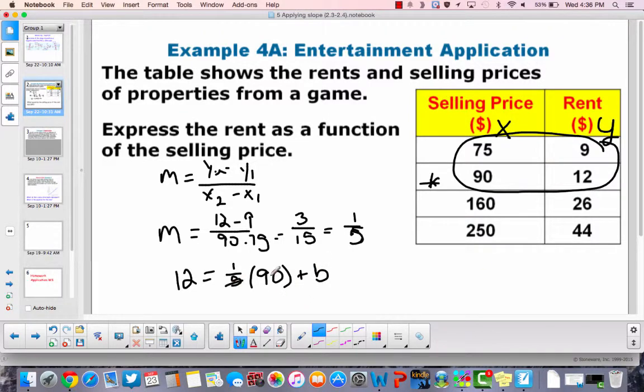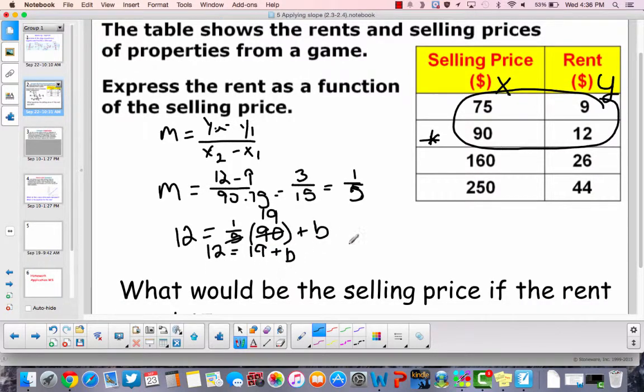Well, 5 goes into 90 18 times. Or if I take 1/5 times 90, I should get 18. So I get 12 equals 18 plus b. Give myself a little bit more room to write here.